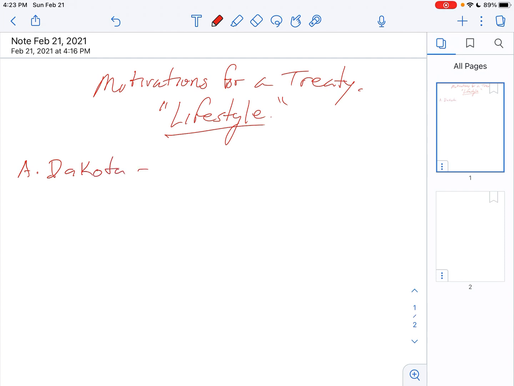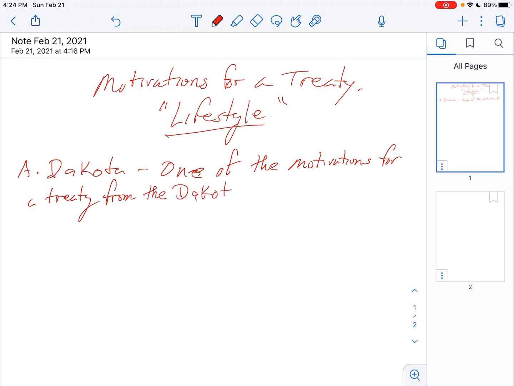So one of the reasons, one of the motivations for a treaty from the Dakota point of view or perspective was, let's just say some. Now let's go ahead and say one.